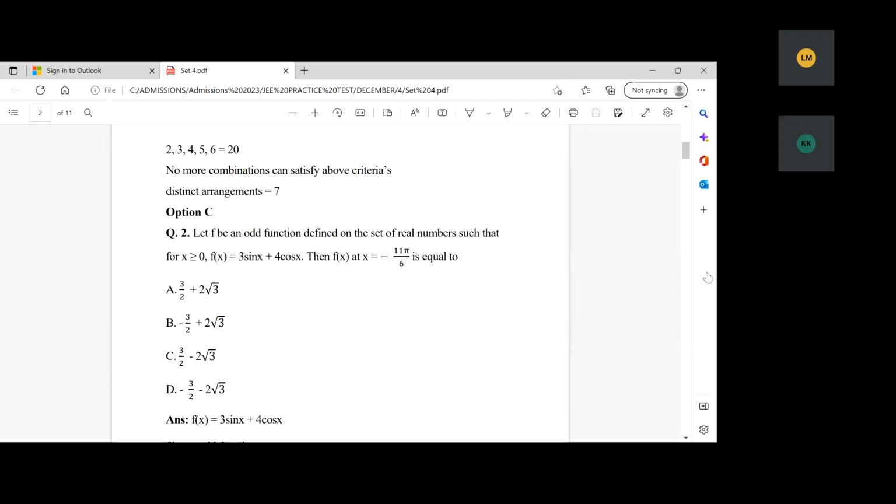Let others also comment, and then we can think about how I'm going to solve this question. I think a lot more students have opted for option C. Option C is 3 by 2 minus 2 root 3. Let's check whether that is the correct answer.